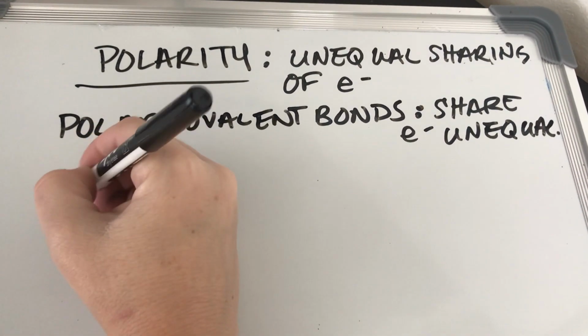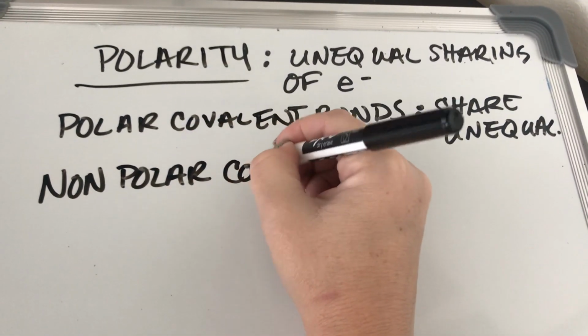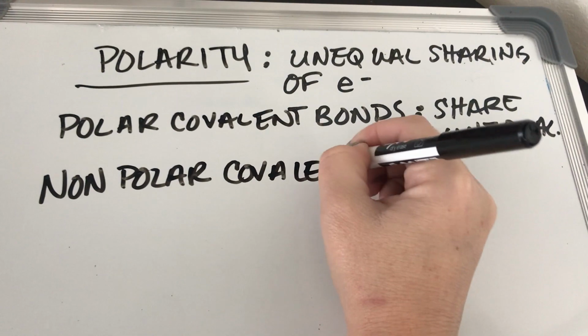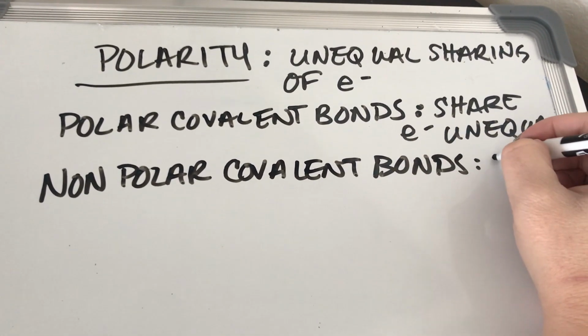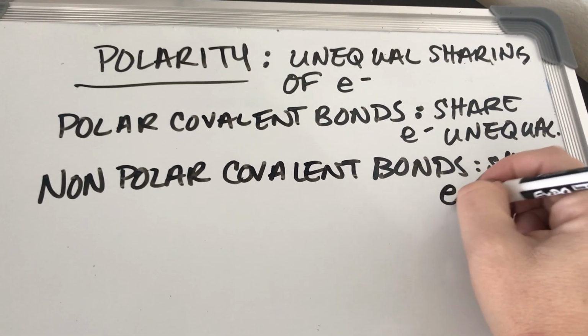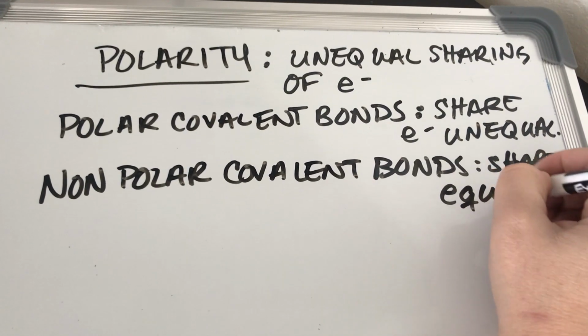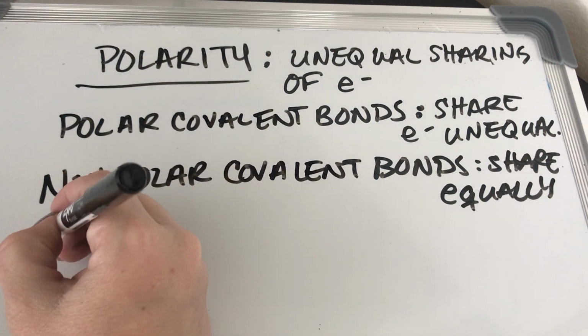or you can have nonpolar covalent bonds. These share equally. So, why are electrons shared unequally? That has to do with electronegativity.